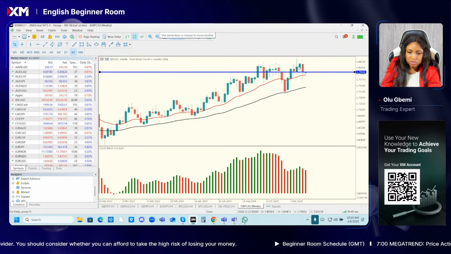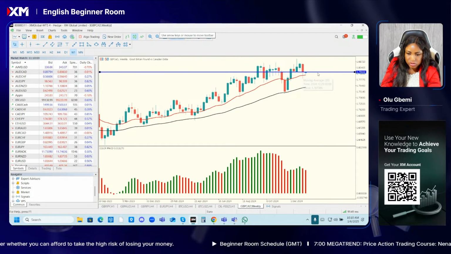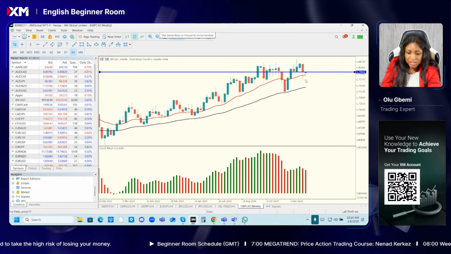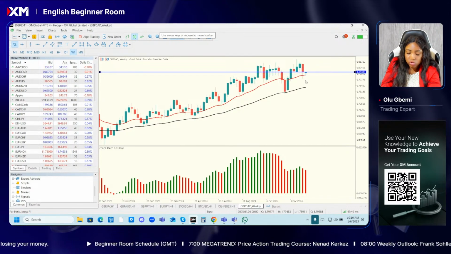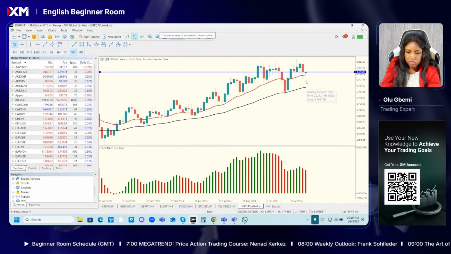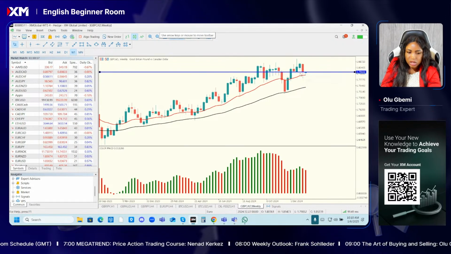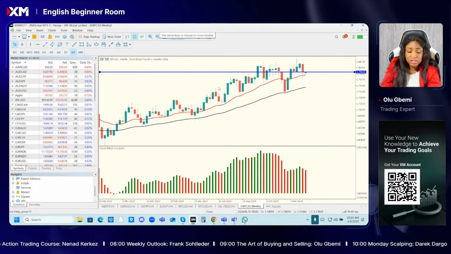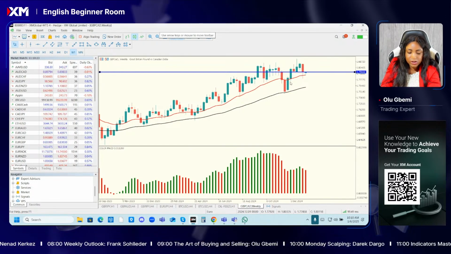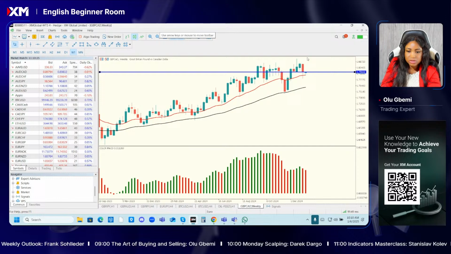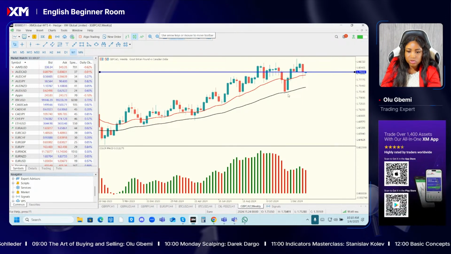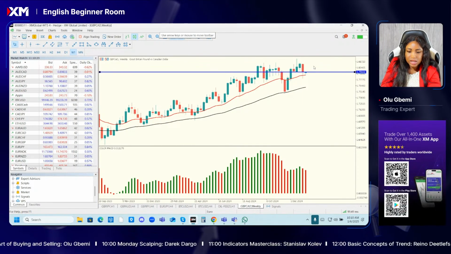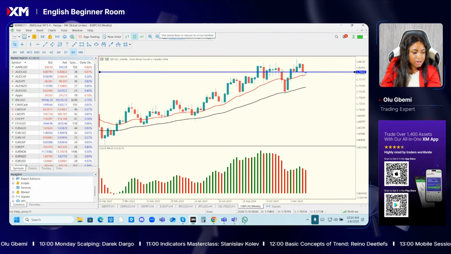Yes, it actually pushed past it, but it couldn't close below that level. It closed just above that level. That can also mean that the initial uptrend is likely going to continue. Yes, we had seen that one candle, but the trend itself, what does it show us? There's a likelihood of continuation. What else am I saying?